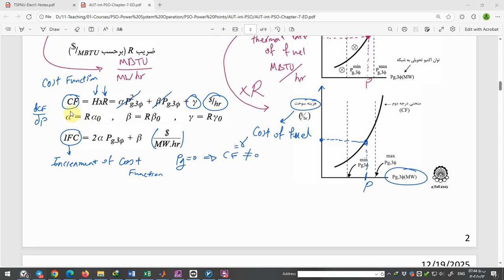And after that, if you take the derivative of the cost function with respect to active power, dCF over dP, we have the incremental cost function, IFC, 2 alpha P plus beta.